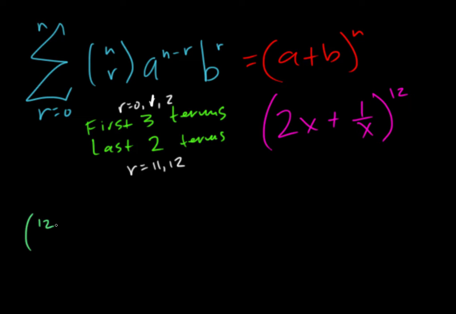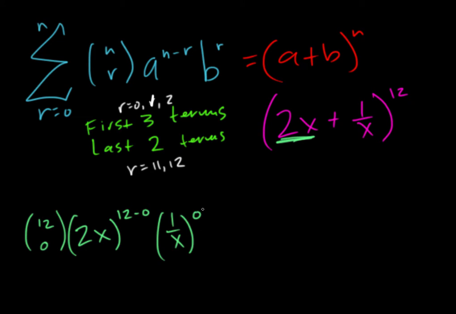So we get 12, and then r starts off at 0, and then we have a raised to the n minus r, and our a is 2x, and that's raised to the 12 minus 0, and then the b is 1 over x, and that's raised to the 0.